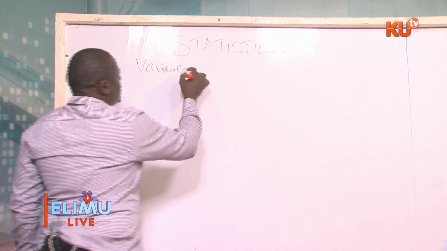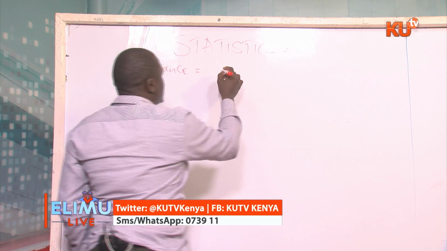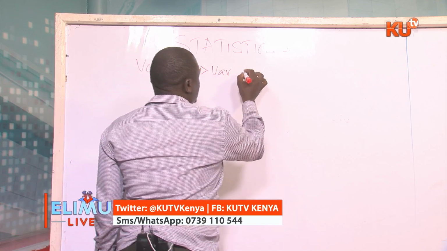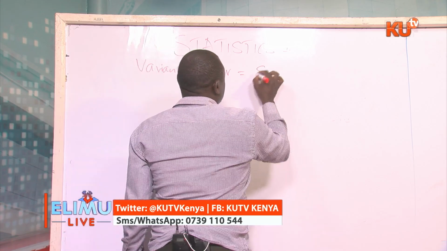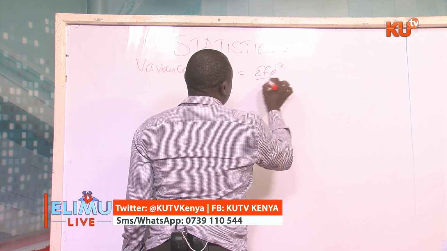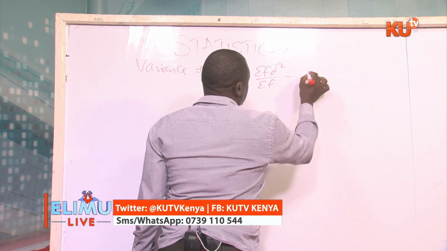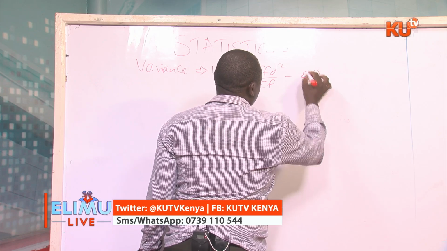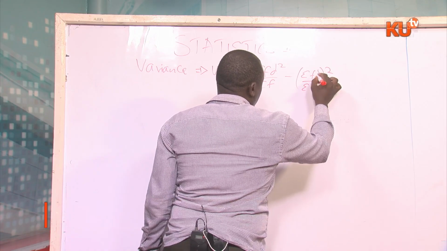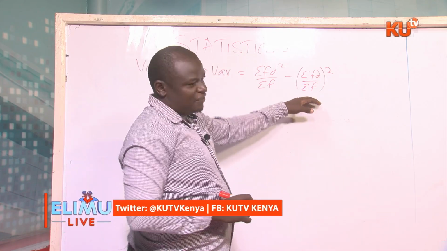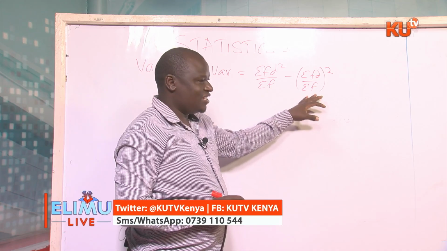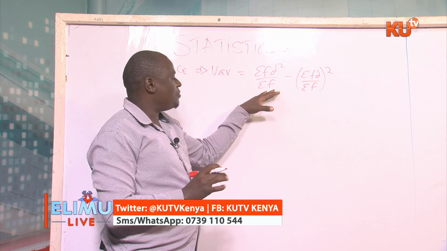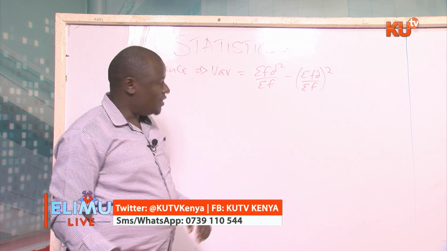And variance is normally written as var in short, and is calculated as summation of FD squared over summation F minus summation of FD over summation F, this squared. And this is very familiar. We have already dealt with this in the past example. So whatever the increase that we are bringing in is the FD squared.